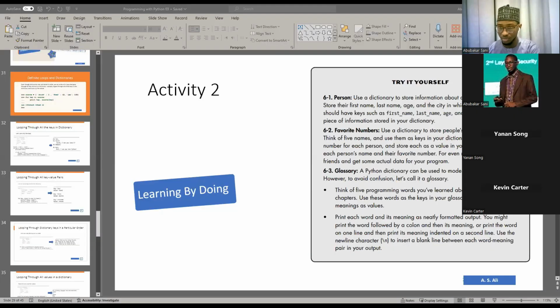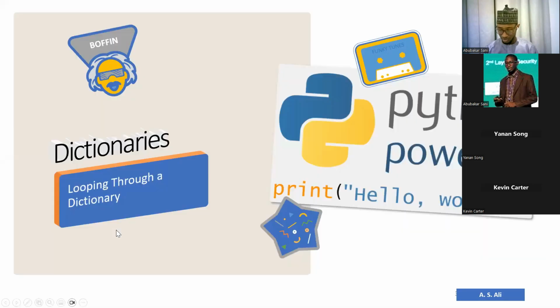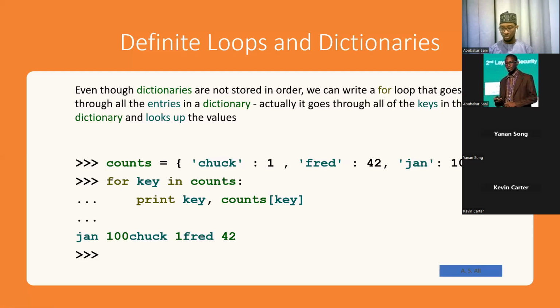Okay, we are now going to go to the last part of this workshop. Just like you saw, sometimes we don't want to be writing stuff like what we did here, where I was writing the same thing over and over again.